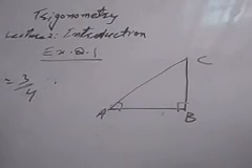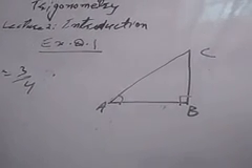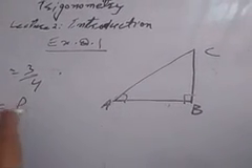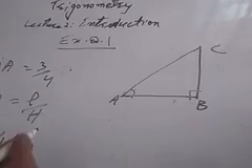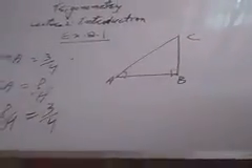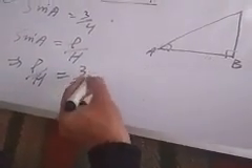Now we know that sin A is the ratio perpendicular by hypotenuse, equal to 3/4. But we know it's a ratio, so some common factor is already cancelled, so I will take it as k.